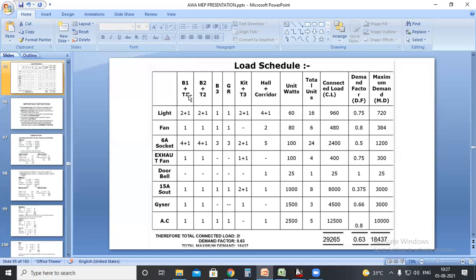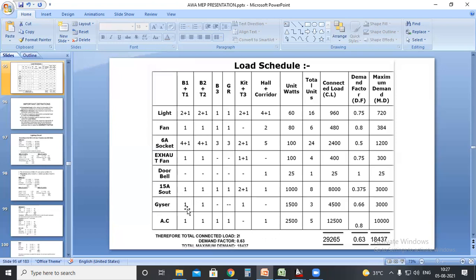Also you have to take care that whenever you take geyser and AC, there should not be any other points together. That means you should take a separate circuit for geyser and AC. So in that case, how many circuits will come in bedroom 1 plus toilet 1?